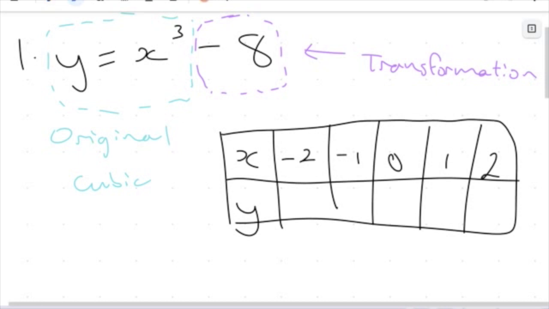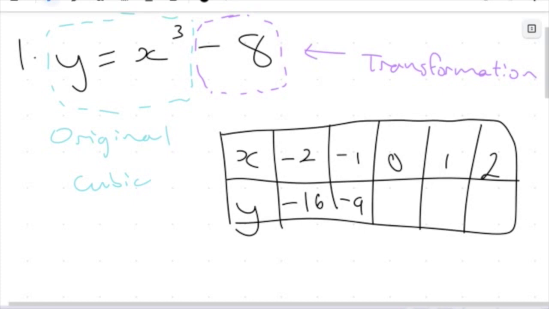Now, subbing in -2 into here, that gives me -2 cubed, which is -8, minus 8, that gives me -16. Here we have -1 in place for the x, that gives us -1 cubed, which is -1, minus 8, which is -9.